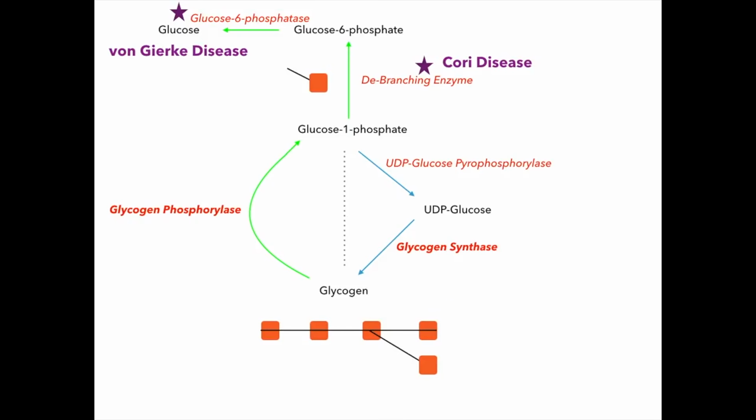Because remember, normally glycogen is branched, and D-branching enzyme cuts the 1,6 bond and releases it so that it can be used as glucose. If you cannot cut that bond, you're going to have an abnormal glycogen structure, but you're going to have the same symptoms of von Gierke disease because you still can't produce free glucose, so you'll be hypoglycemic, and you still have an abnormal accumulation of something in the liver causing hepatomegaly.